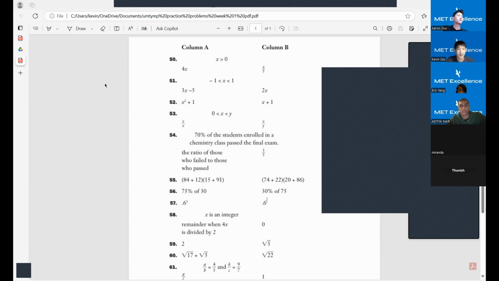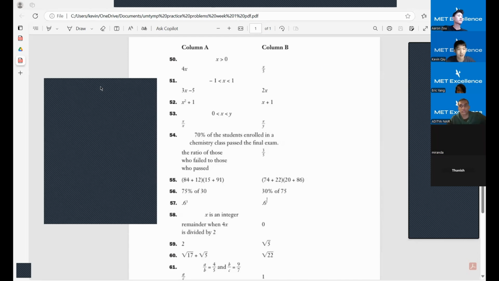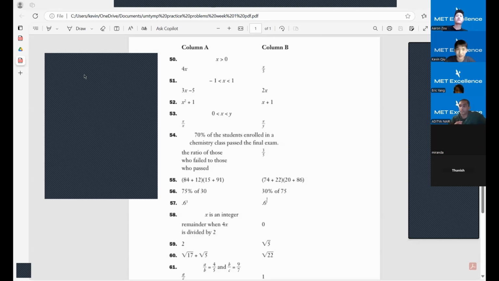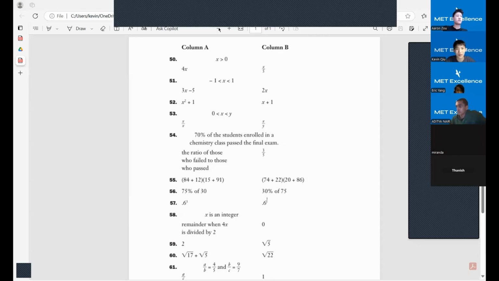So I see a few A's in chat, and that is correct. Normally it would be D, but since it specifies that x is greater than 0, 4x is always going to be greater than x over 5. Okay, I hope you all got that. We're going to move to the second problem.